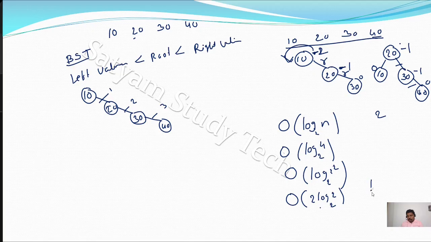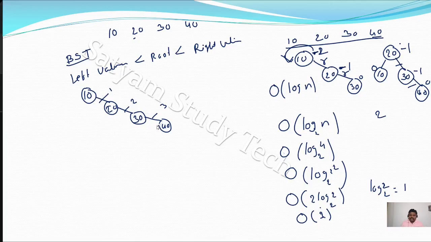Log 2 base 2 is 1, so big O of 2. You can see the maximum height is 2, so it is satisfied. That's why the time complexity of an AVL tree or red black tree is big O of log n.